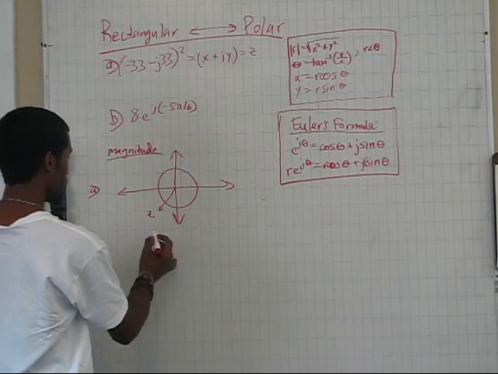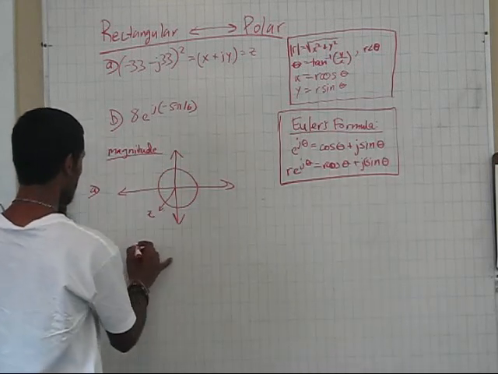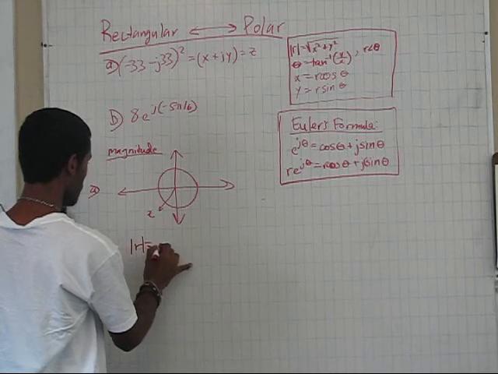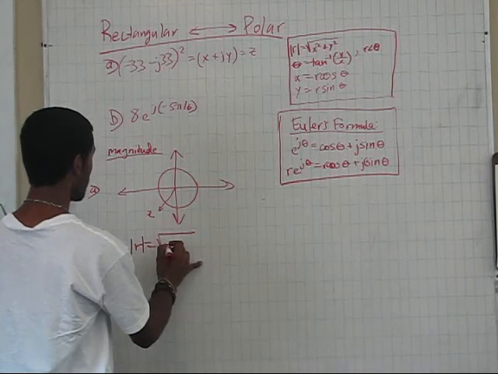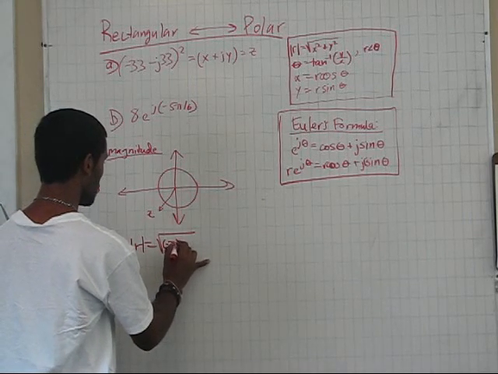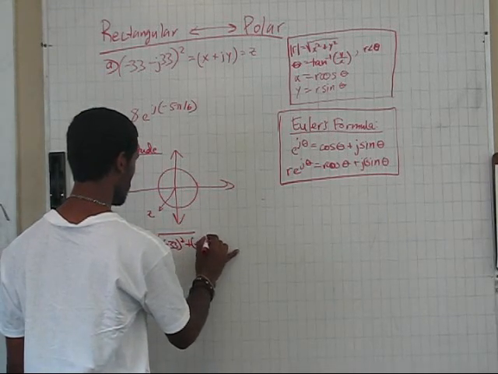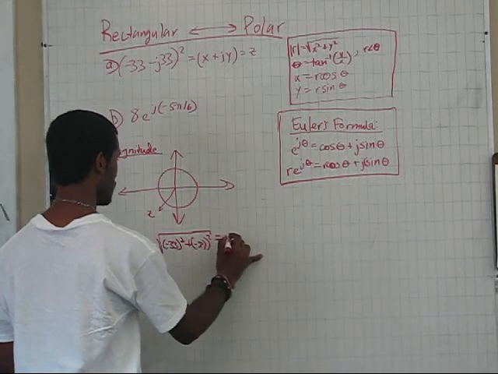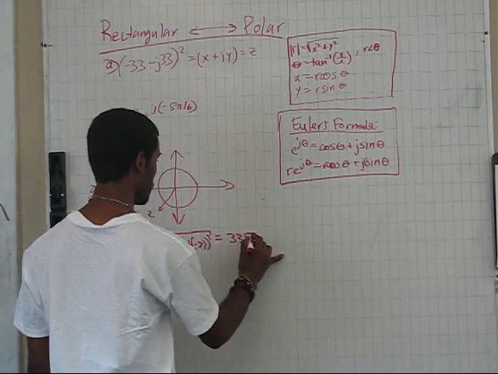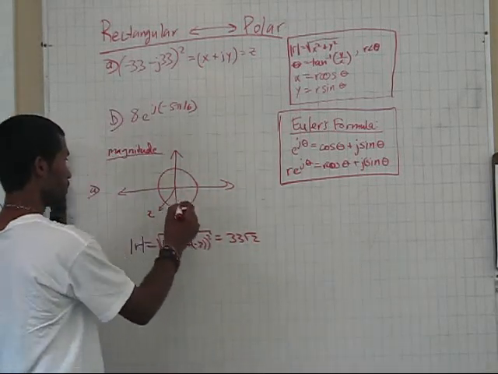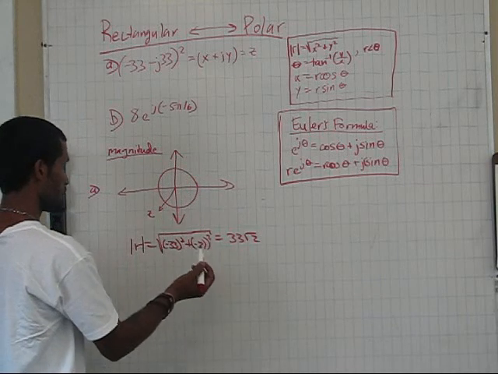And so after this, you can figure out the magnitude, which will be r is equal to the square root of your x squared plus your y squared, which will get you 33 root 2 after using the simple unit circle and the manipulations.